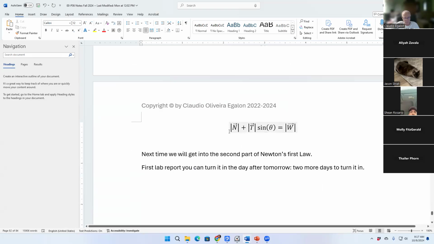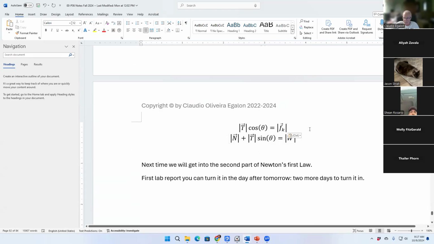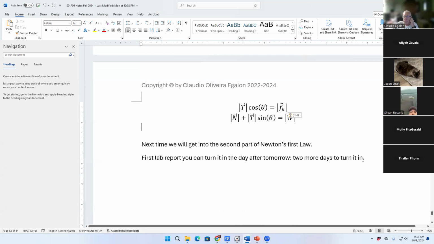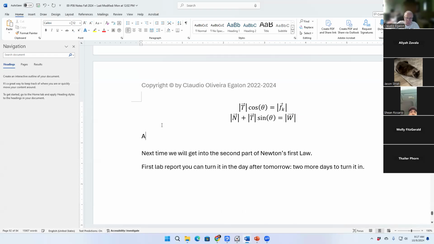Okay, two equations. A system of two equations.